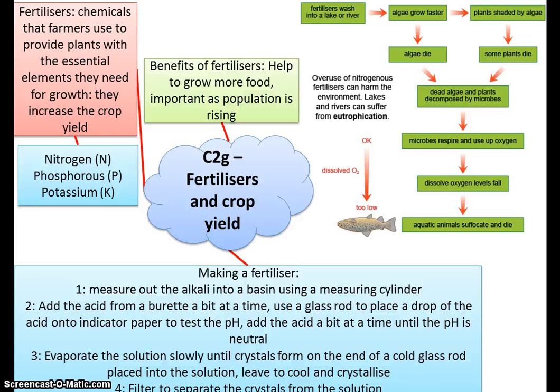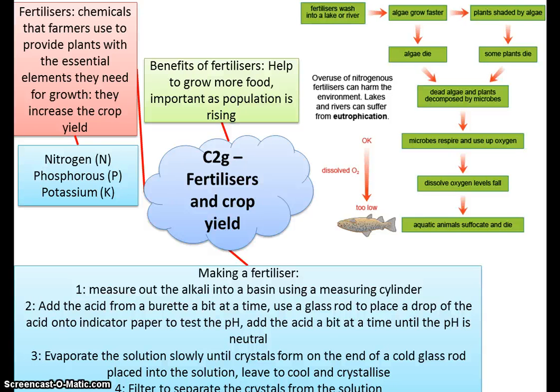A lot of the algae can die as well because they're plants. So when you've got all of this building up, you've then got the decomposers, the microbes, trying to break down all the dead material, and the microbes then respire and use up all the oxygen.